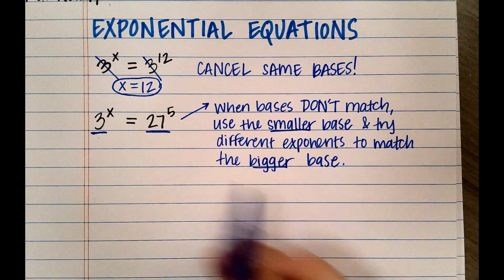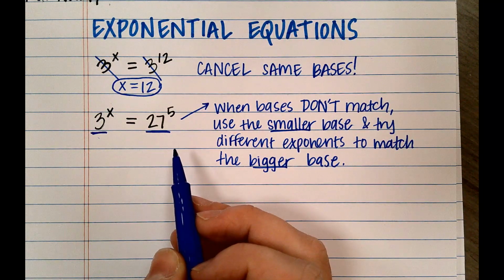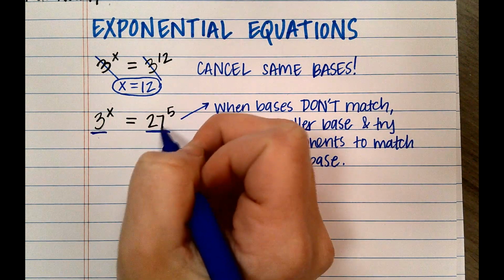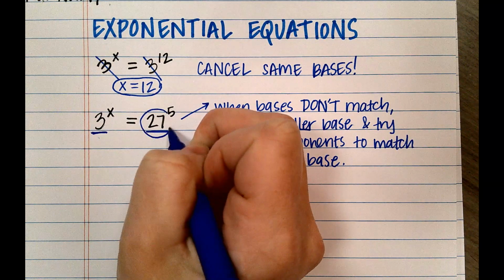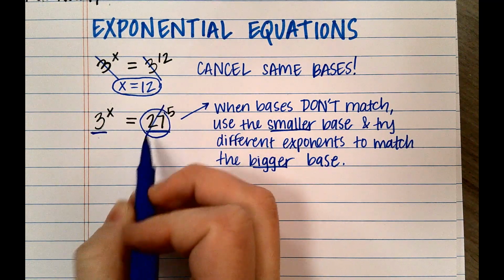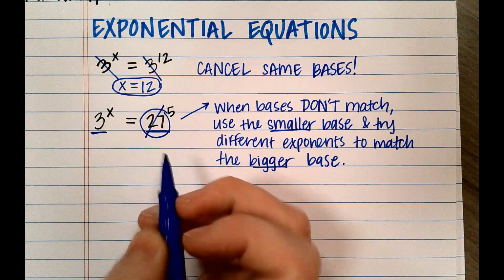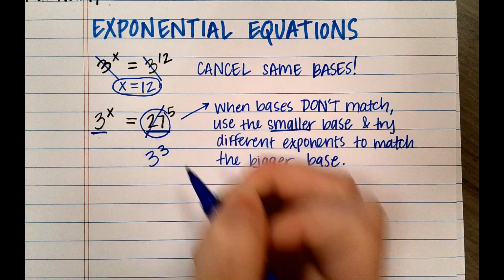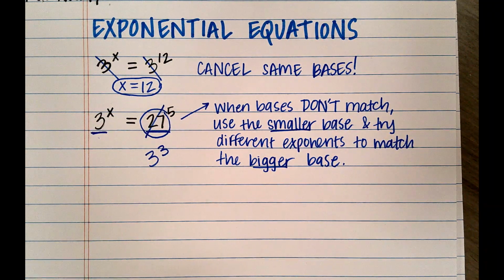So what will I do here? I'm going to replace 27 with 3 to the third power because that's the same as 27. And then what?